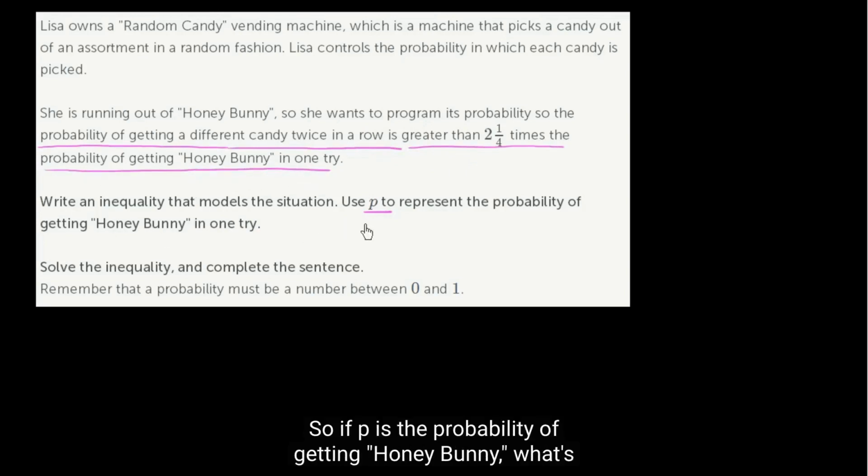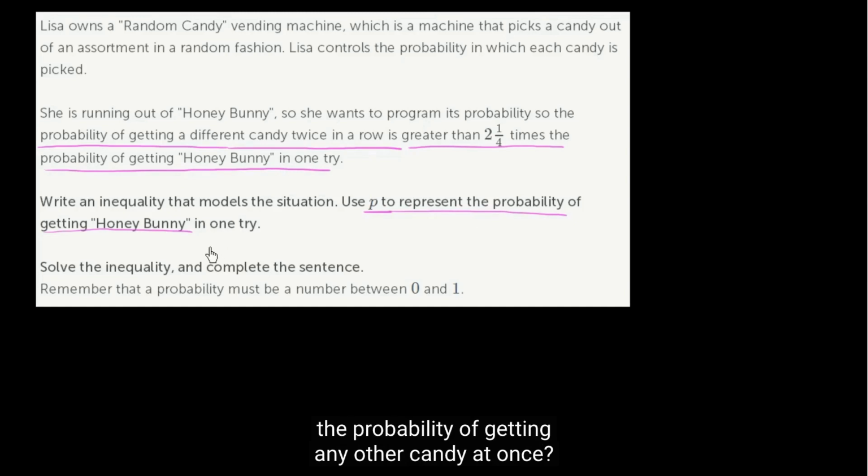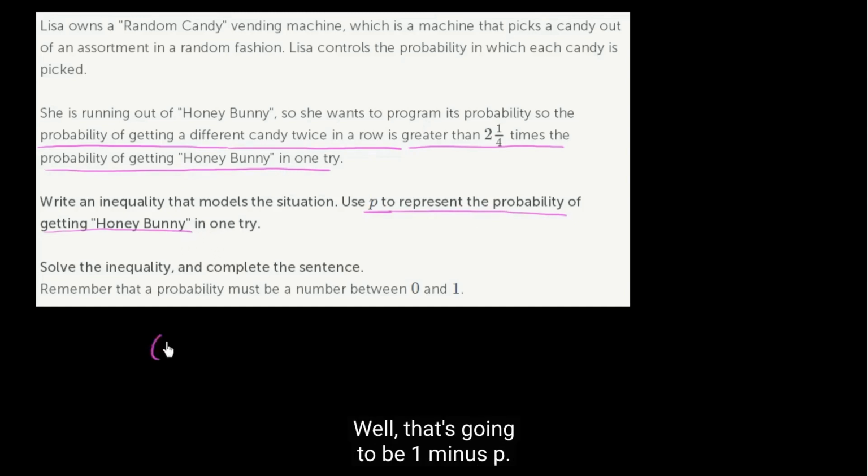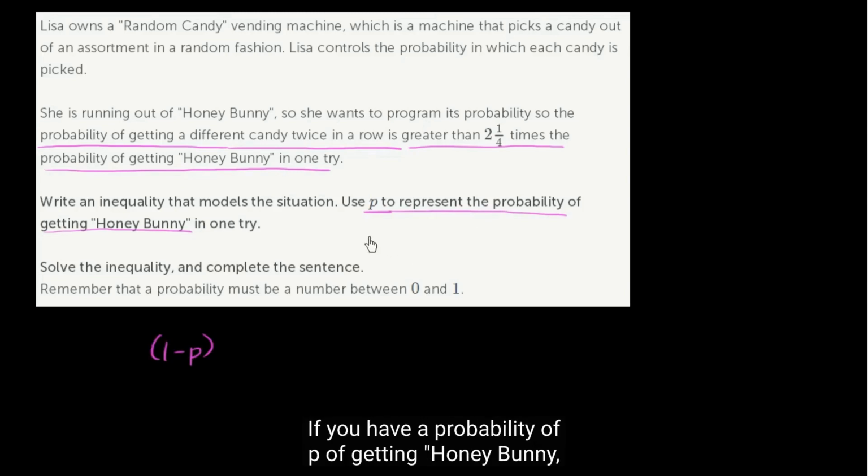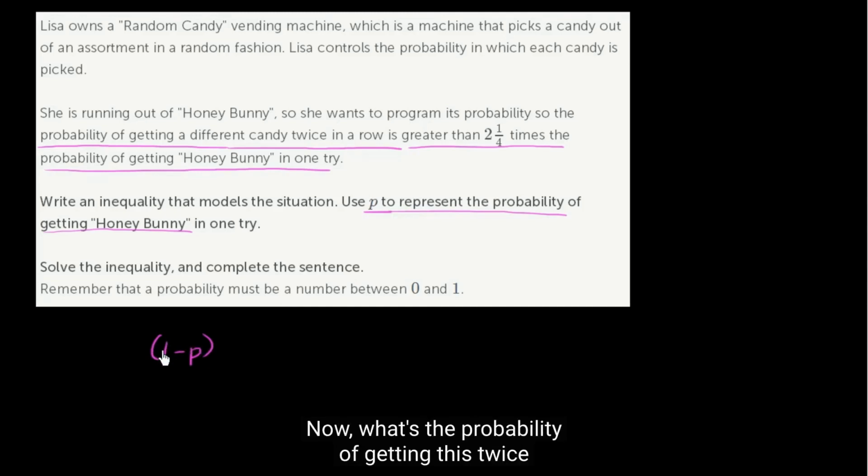So if P is the probability of getting Honey Bunny, what's the probability of getting any other candy at once? Well, that's going to be 1 minus P. If you have a probability of P of getting Honey Bunny, well, then it's 1 minus P of anything but Honey Bunny. Now, what's the probability of getting this twice in a row?